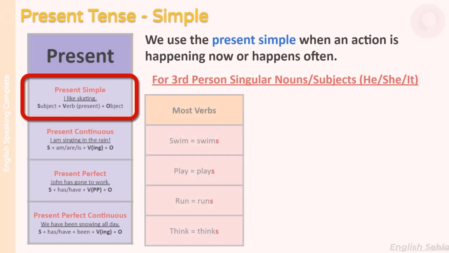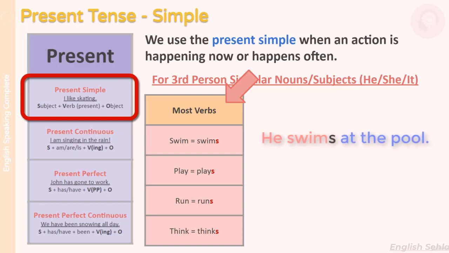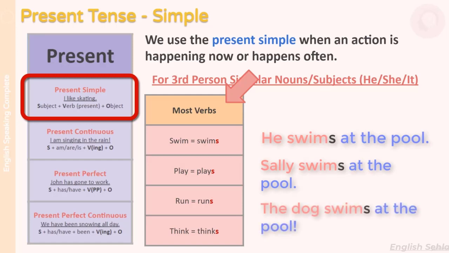Okay, so here we have most verbs, most of the time, just adding an S. So with the subject being third person singular, swim would become swims. He swims at the pool. Sally swims at the pool. The dog swims at the pool.